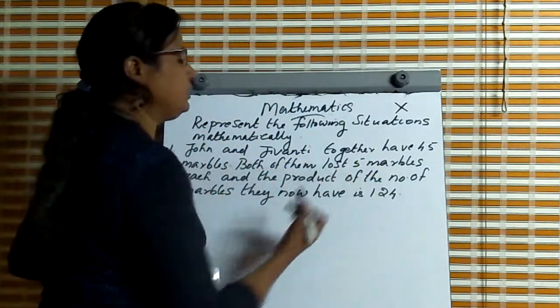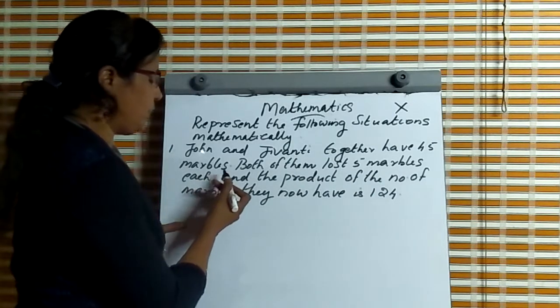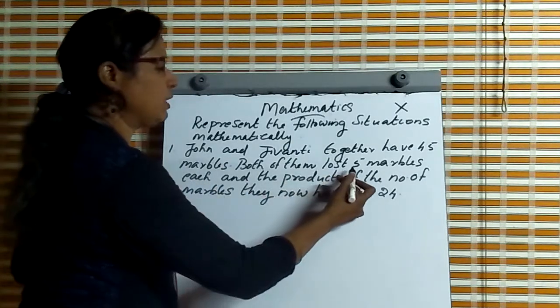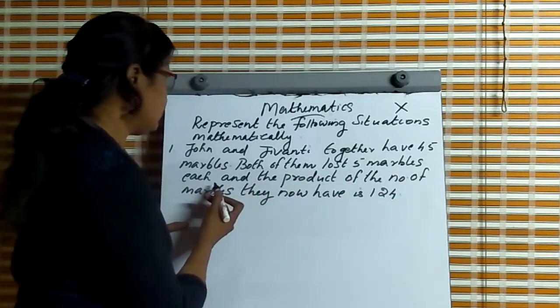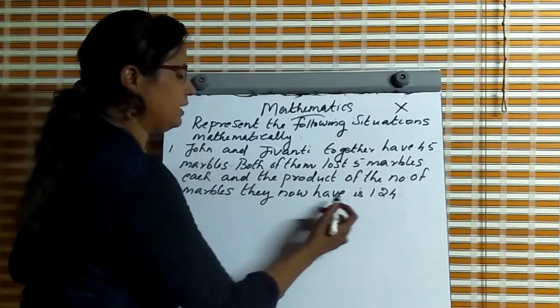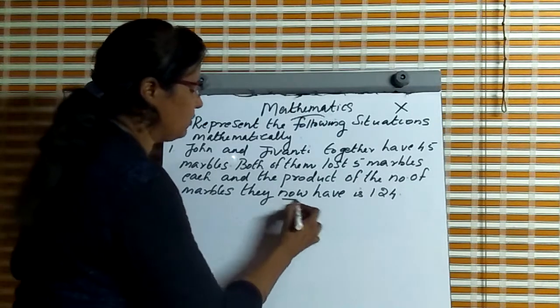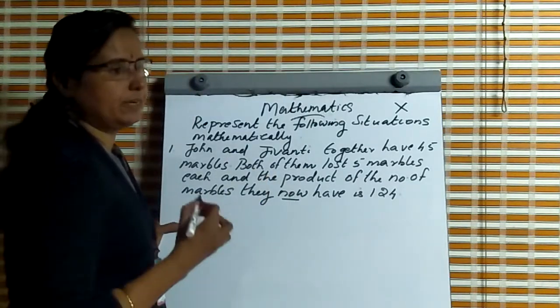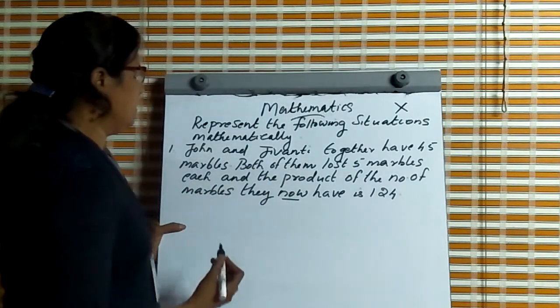John and Jivanti together have 45 marbles. Both of them lost 5 marbles each, and the product of the number of marbles they now have is 124. Represent this situation mathematically.